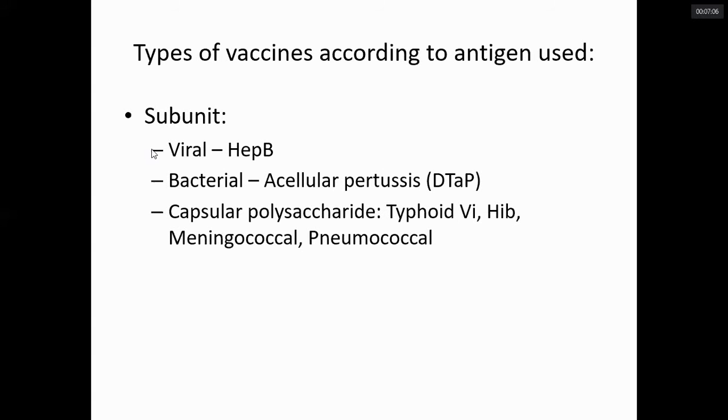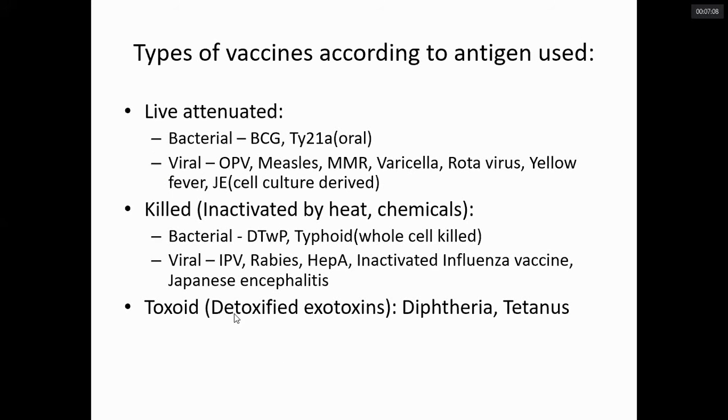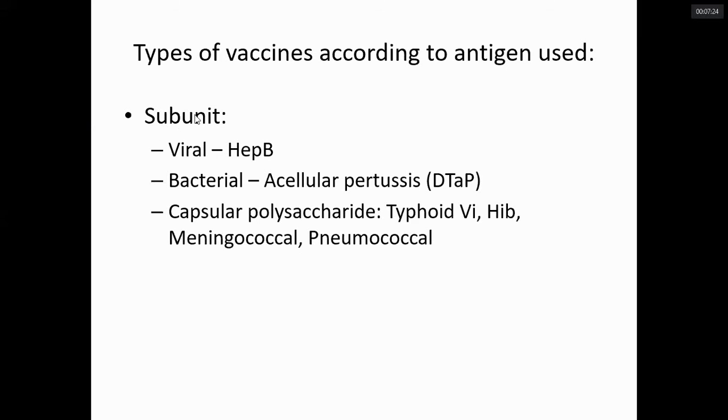Subunit vaccines. These toxoids are modified toxins. Toxins of diphtheria and tetanus are detoxified and kept in the vaccine. In a subunit vaccine, a part of the pathogen is taken, like hepatitis B, which is a subunit vaccine, and acellular pertussis.